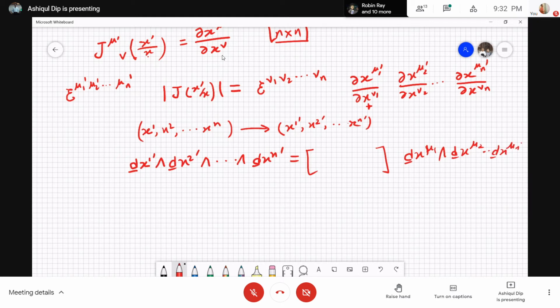In other words, we are trying to make a transformation of what we call the coordinate volume. There is a reason we call it coordinate volume. Let's see what happens.